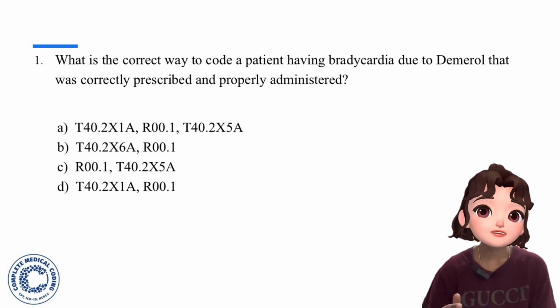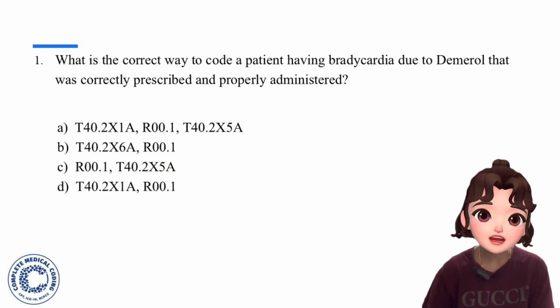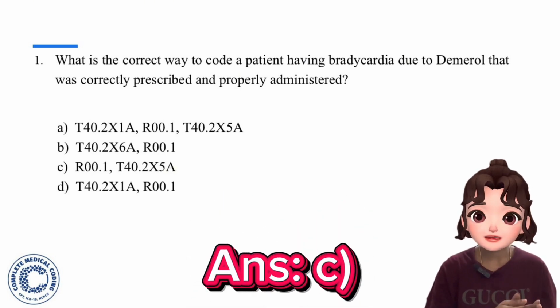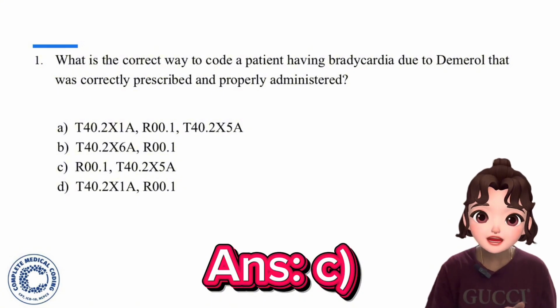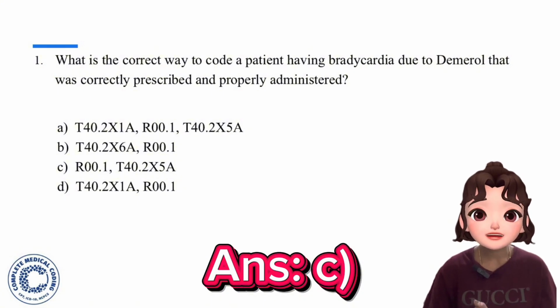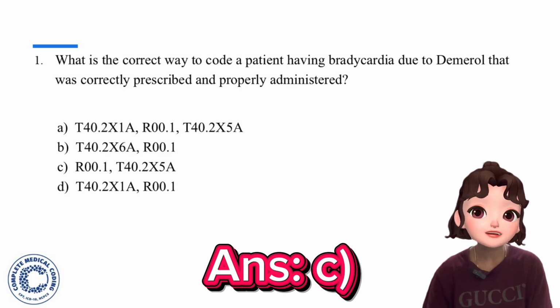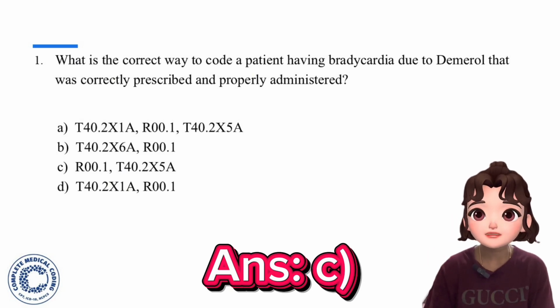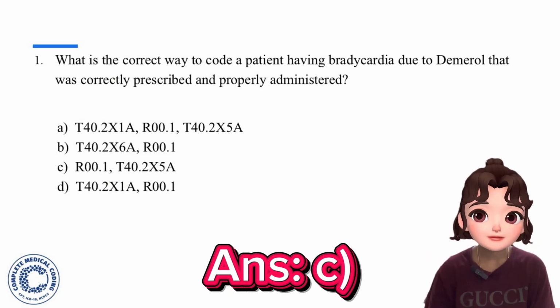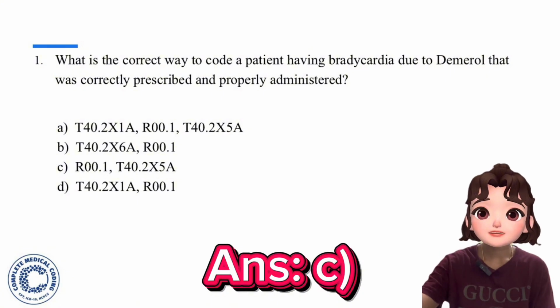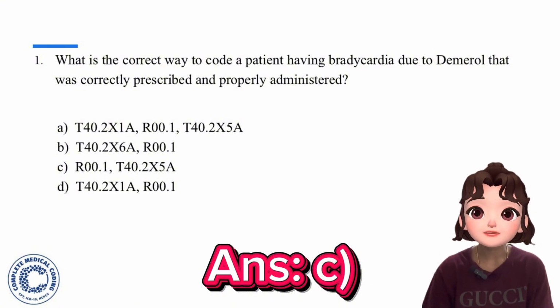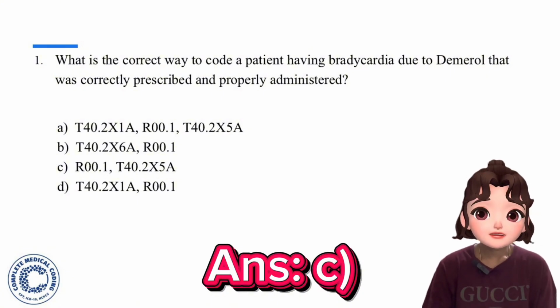So here the answer, as I told you, will be option C. You have to code bradycardia first, which is R00.1, and then the adverse effect, T40.2x5a, caused by other opioids. Here it is demerol. That's how you need to find the answer. Hope you understood. Now moving to the second question.